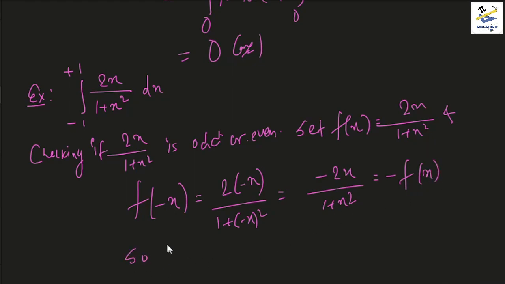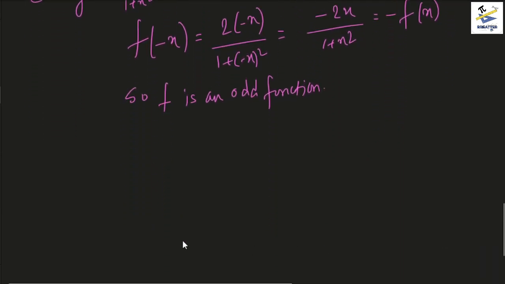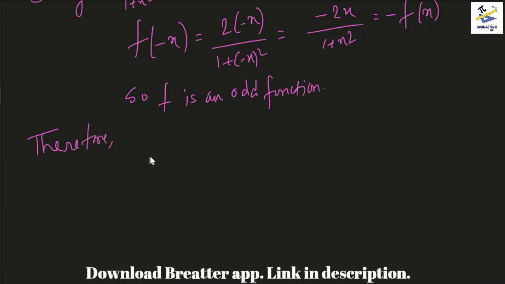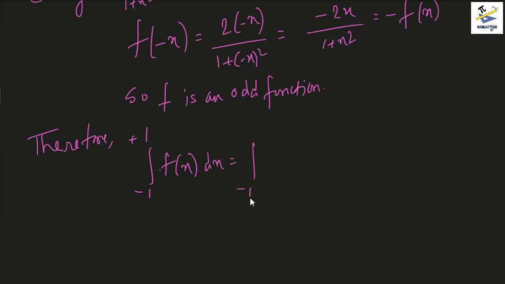So f is an odd function, right? Therefore, since the limits are minus 1 to plus 1, which are of the type minus a to plus a, minus 1 to plus 1 f of x dx, which is basically minus 1 to plus 1 2x by 1 plus x square, is equal to 0, right?